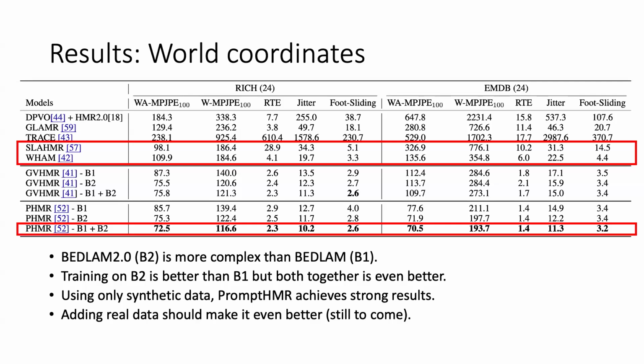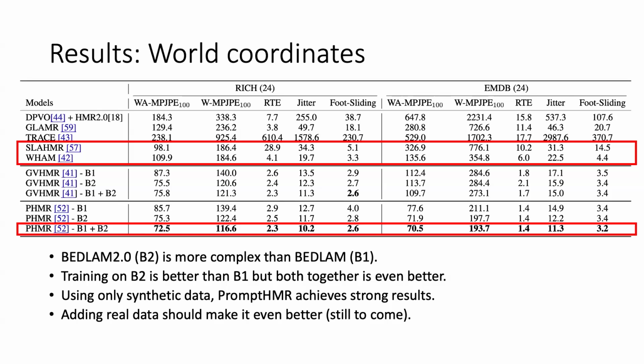I just referenced methods like SLAHMR and WHAM, which were state-of-the-art a couple of years ago, or even a year ago, and are trained on a variety of data. The methods that you see here are GVHMR and PromptHMR, which I'll tell you about in just a minute. It's a CVPR paper this year. They are significantly more accurate when trained only on synthetic data.